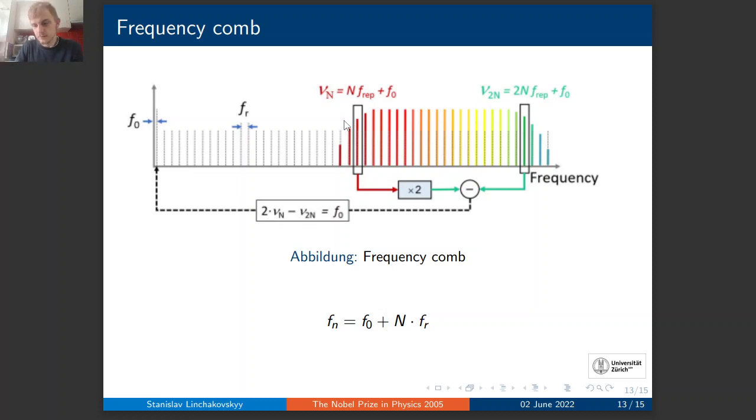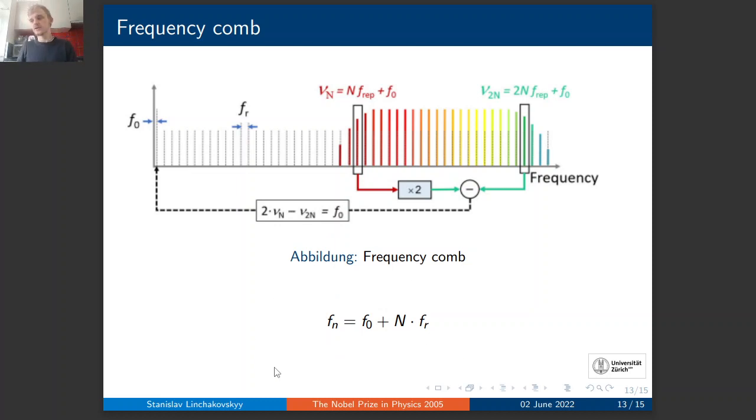Then, to use this frequency comb, if we want to measure some kind of spectrum, we can find the coincidence of the frequency of the given spectrum and the frequencies in the frequency comb, and using this formula we can, because here we can have something that has a spectrum, for example, in the radio spectrum, and we can compare it to the light spectrum and then calculate the given frequency using this formula.